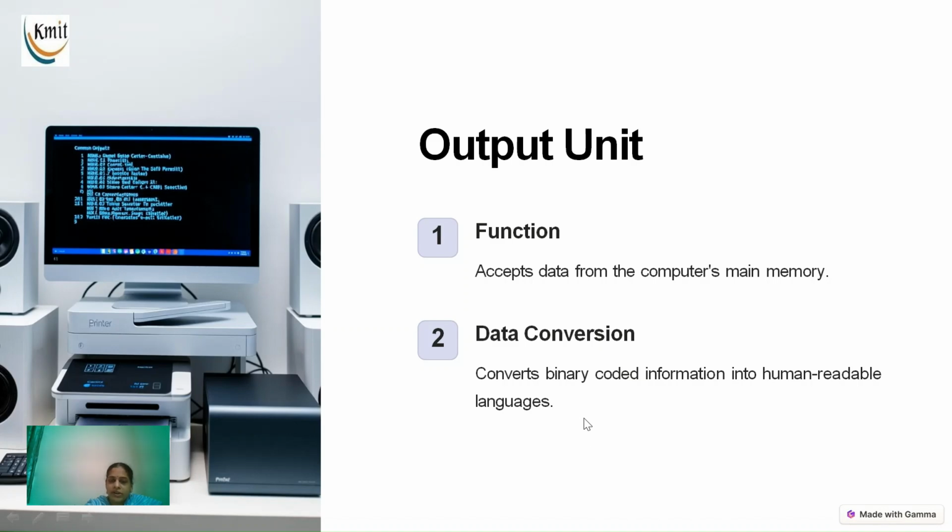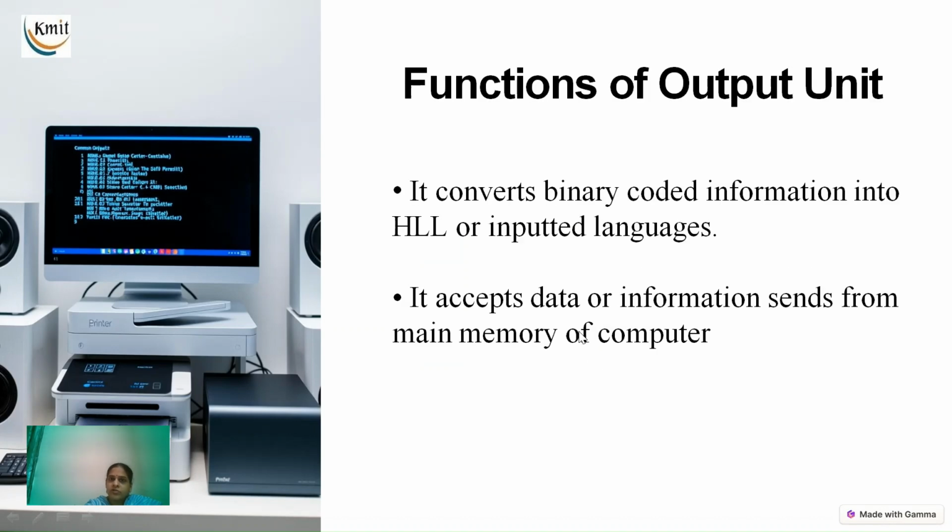That is one more function of the output unit. So the functions of the output unit are: it converts binary coded information into human readable language, and it accepts the data or information from the main memory of your computer.